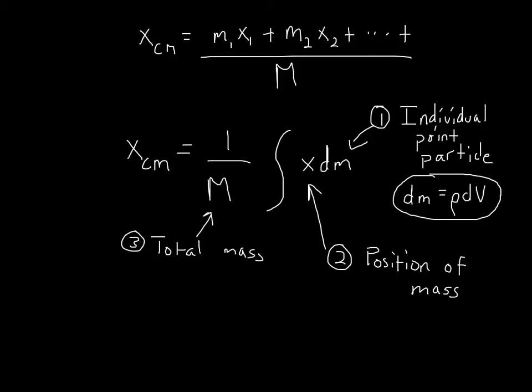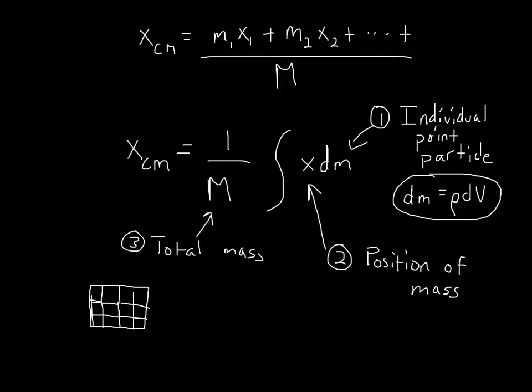So what does that look like? What are we talking about here? Let's take our usual box that we're used to drawing. We're no longer going to assume all the mass is at the middle. We're going to break it up into tiny little mass segments, tiny little boxes. Each one of these little boxes is a different mass.